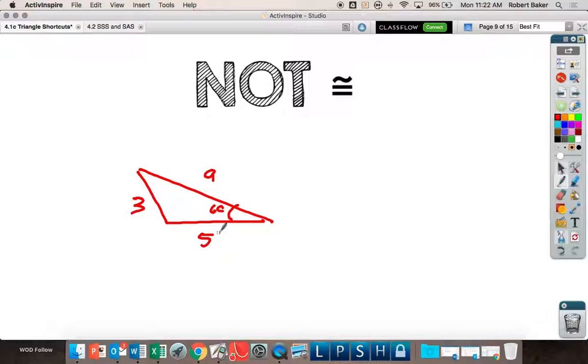That would be, if I drew another scalene triangle that had a 60-degree angle right here, this was 5, this is 3. See how it's ASS and ASS? And notice how those are two different triangles? So that's why it doesn't work. Because this angle right here could be reflected across an altitude, and it creates different triangles. That's why ASS doesn't work.